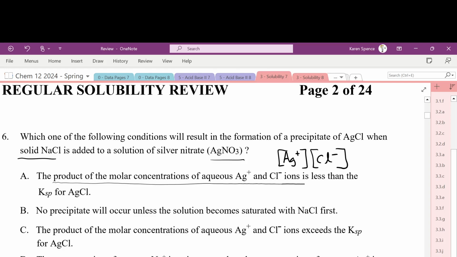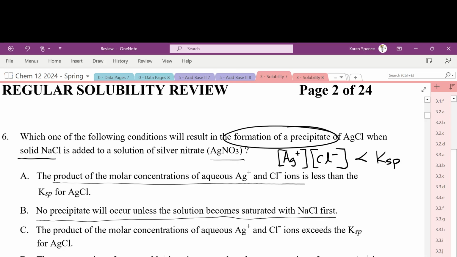If that is less than KSP, will we get a precipitate? No. No precipitate will occur unless the solution becomes saturated with NaCl first. Does that make any sense? No. So it's not that one.